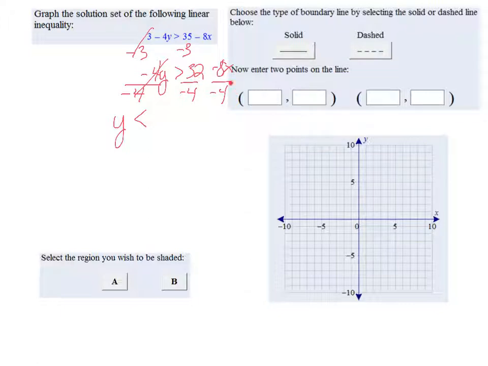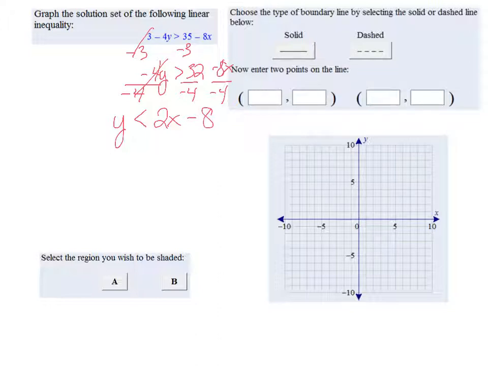Remember, mx plus the b or minus the b. So I want the x term first, so I'm going to sneak this in front. Negative 8 divided by negative 4 is a positive 2x. And then the 32 divided by the negative 4 I'm going to put next, and that's going to be a negative 8.